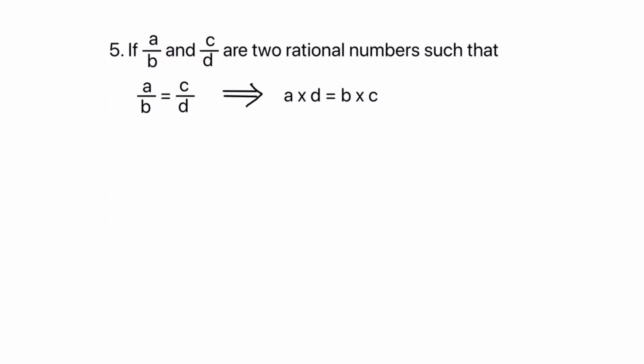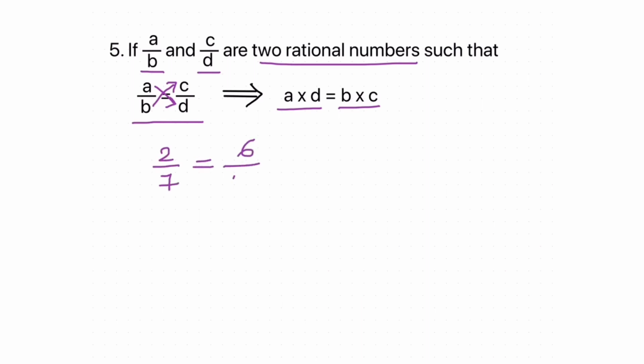Point 5. If a by b and c by d are two rational numbers such that a by b is equal to c by d, this implies that a times d is equal to b times c. That is, if two rational numbers are equal, their cross products are also equal. For example, 2 by 7 is equal to 6 by 21.